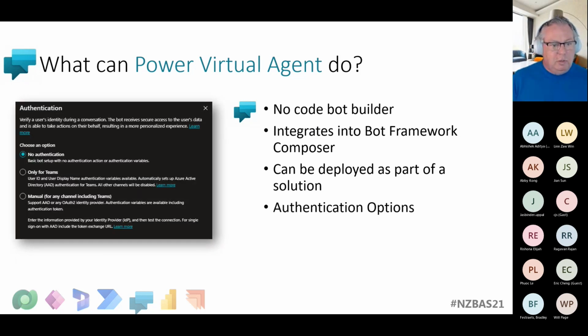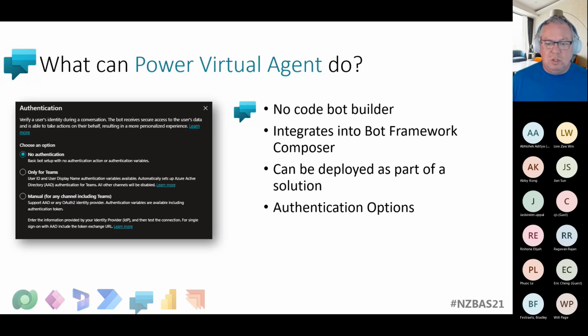There are really cool authentication options, and this piece a couple of months ago was a bit of a pain for us if you were building PVA, because you didn't really have integration into Microsoft Teams. There was a no authentication model, so you could deploy the bot and anybody could use it. If you wanted authenticated user details, you had to configure AAD and an OAuth identity provider, even if you were deploying into something like Teams. So recently, the Only for Teams authentication has been added as well.